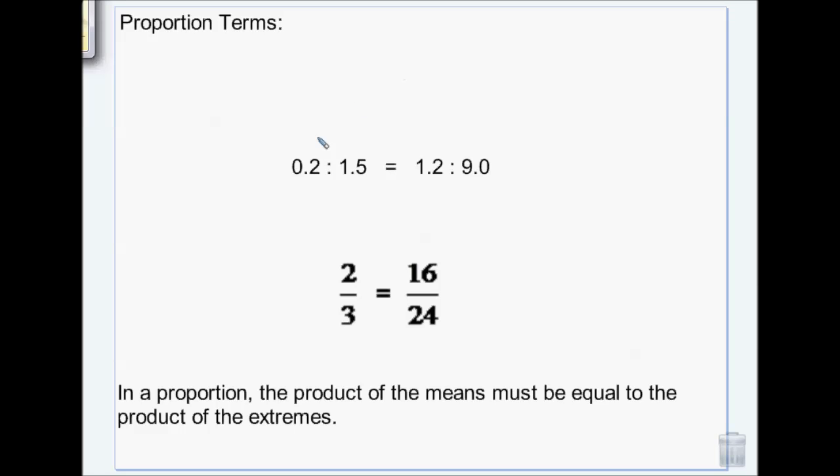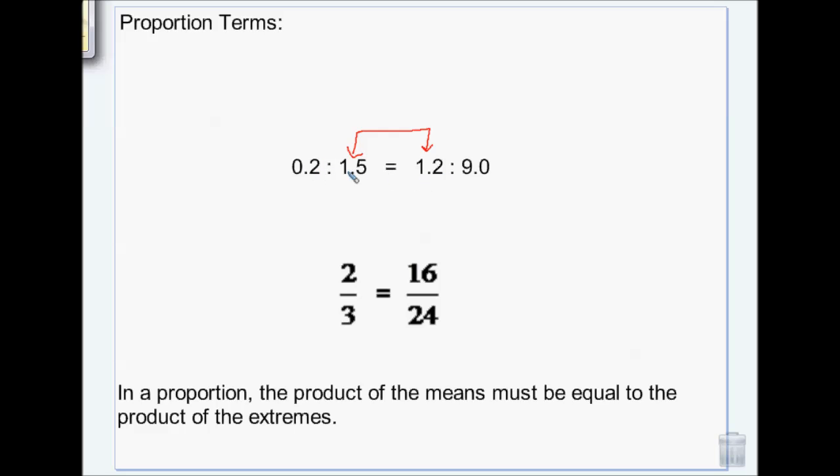0.2 to 1.2, 1.5 to 9.0. It's not always easy to just figure out what to multiply by because we have odd numbers. So we can use the parts of a proportion.